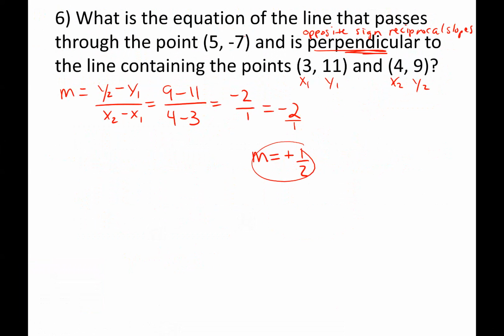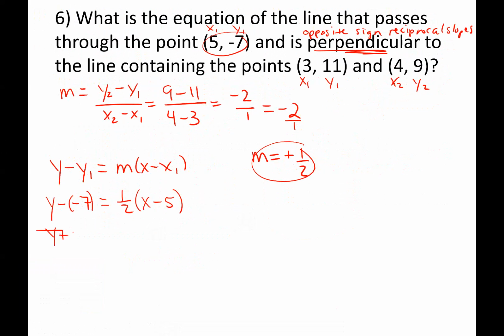We're also given the point up here, 5, negative 7. I'm going to call that x1 and y1 so that I can do point slope form. So y minus y1 equals m times x minus x1, and plug it in. So y minus negative 7 equals 1/2 times x minus 5.